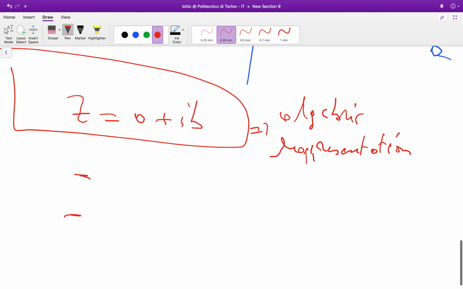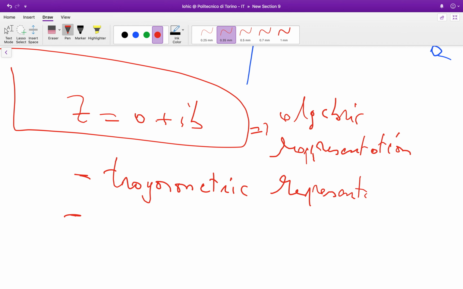People invented two other ways to represent a complex number, called the trigonometric representation and the exponential representation.